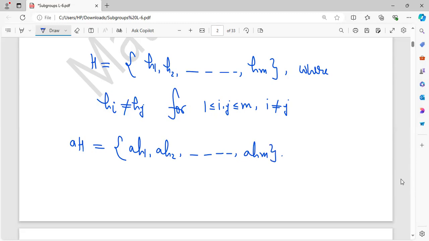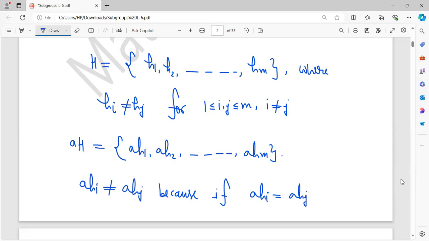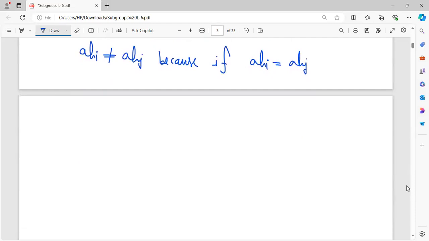So ahi is not equal to ahj because if ahi is equal to ahj, then what will we have? We operate a inverse on both sides.